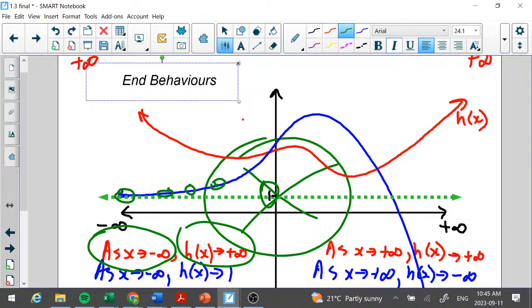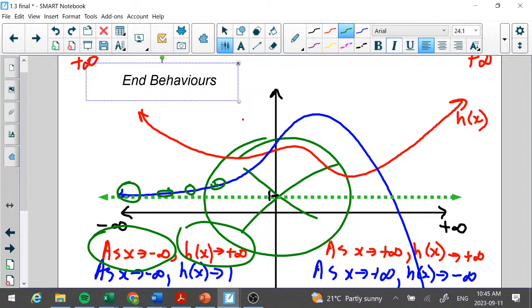Okay. So, yes, if that's 1, then maybe Alex is right. Maybe that's 1.25. And as we get closer and closer to negative infinity, we're going to get closer and closer to what value? 1.